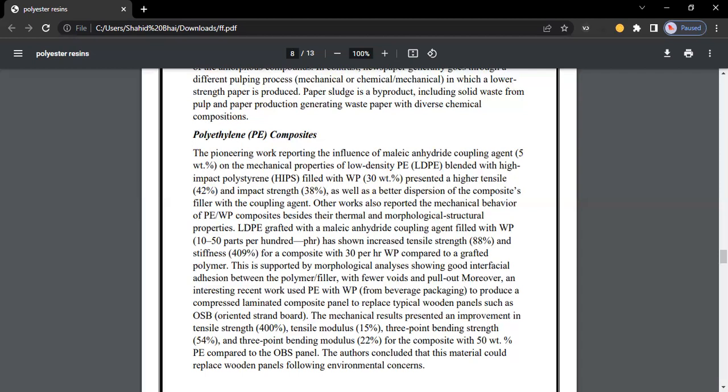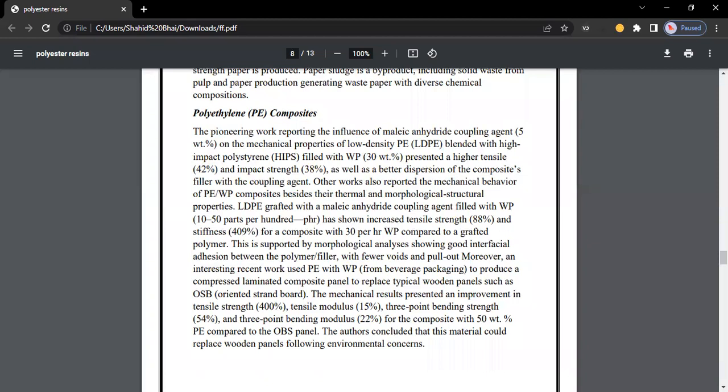It means that it converted the 38 to 88% by using the 10 to 50 parts per hundred, and the stiffness 409% of the composite with the 30% of WP compared to the grafted polymers. This is supported by the morphological analysis showing good interfacial adhesion between the polymer and the filler, with fiber wide and pull out.